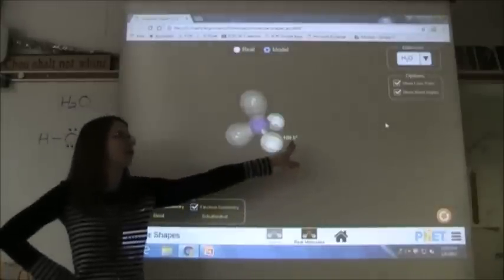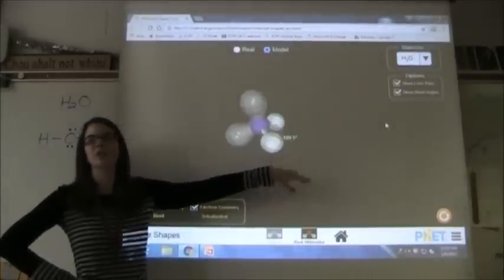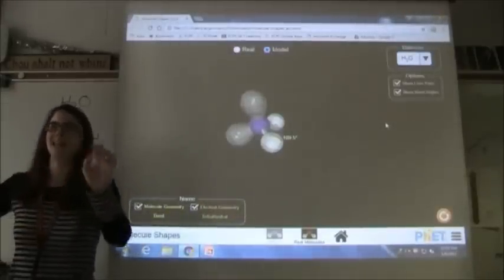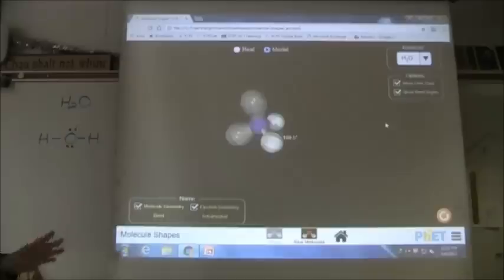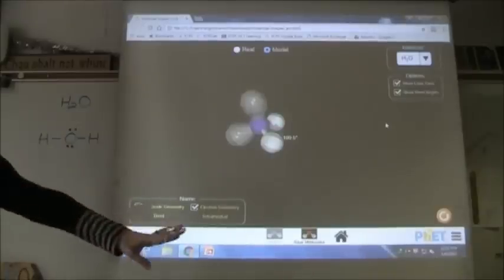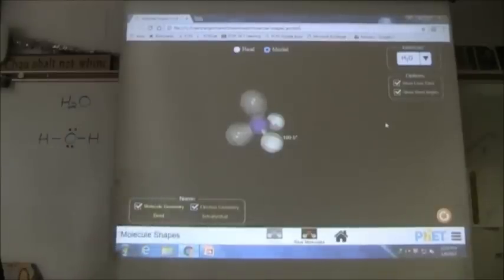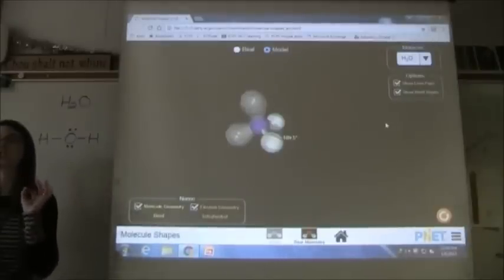Bond angle, this morning somebody said the bond angle must be less than 109.5. You don't have to write the symbol twice. You can just say less than 109.5. But guys, believe it or not, this is probably the most missed shape.